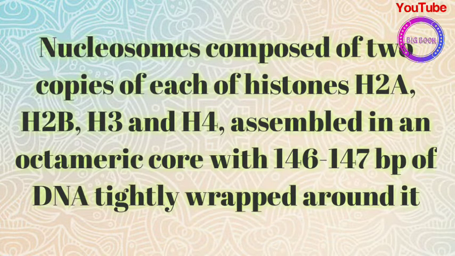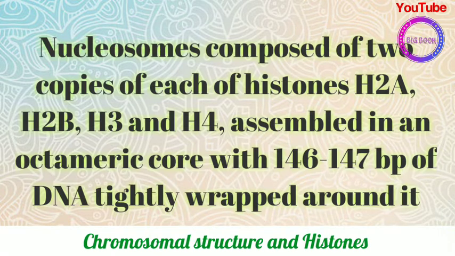Nucleosomes are composed of 2 copies of each of the histones H2A, H2B, H3 and H4, assembled in an octameric core with 146 or 147 base pairs of DNA tightly wrapped around it.